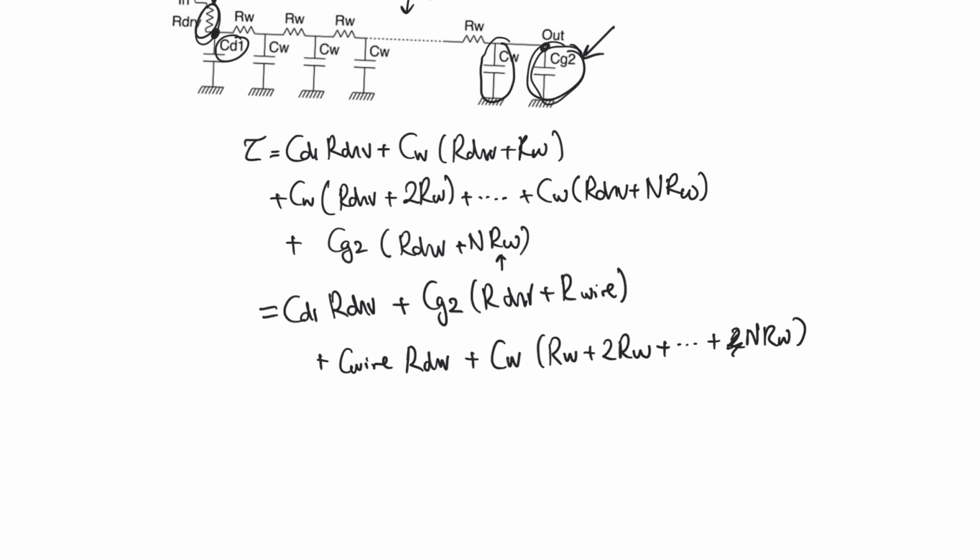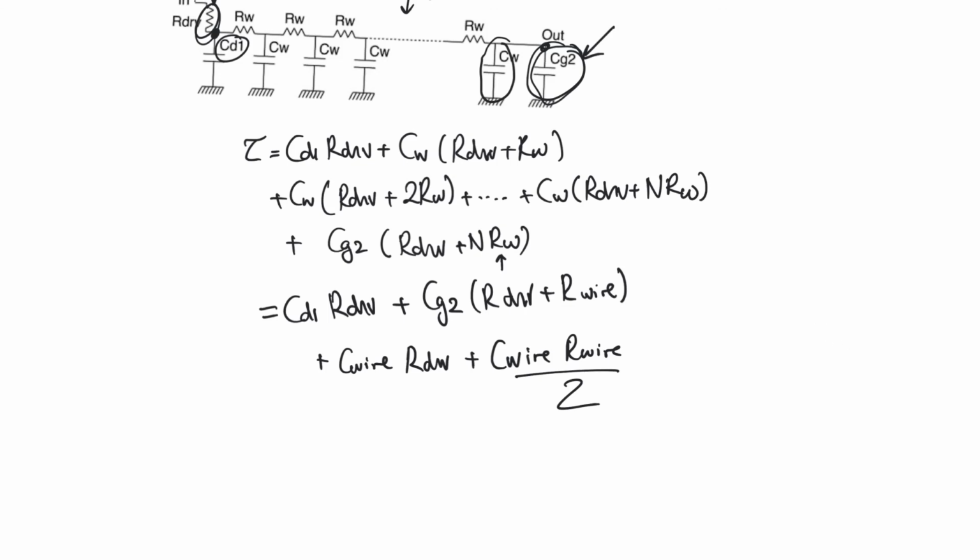So we're going to take R wire as a common factor outside, and we will end up with a summation, which is again an arithmetic series, which again simplifies into n plus 1 over 2, which in the extreme is going to be R wire into C wire over 2, and so we're going to end up with this term here.